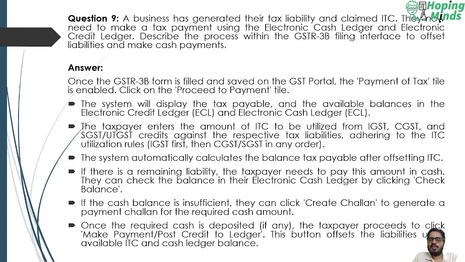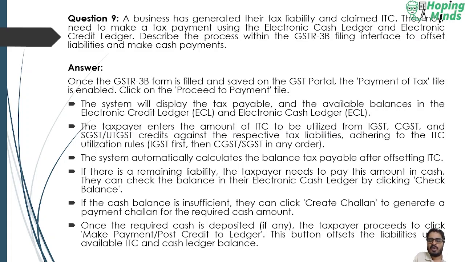At the bottom of the filing table, there is an option to create challan. Once the taxpayer clicks on the create challan option, they will be redirected to the challan creation page where the challan will be created.